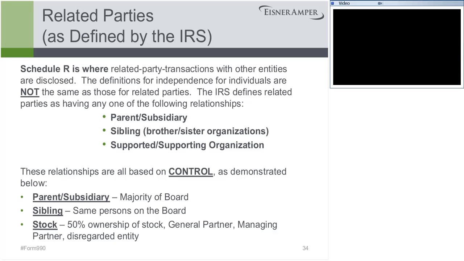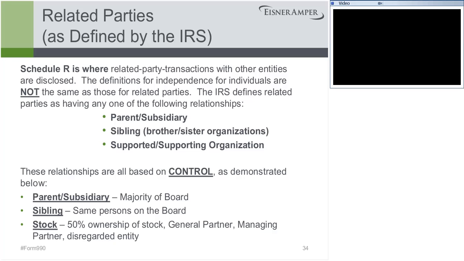If we 100% control you and you are consolidated within our financial statements, clearly we're related. So parent-sub relationship is when we make up a majority of the other organization's board.